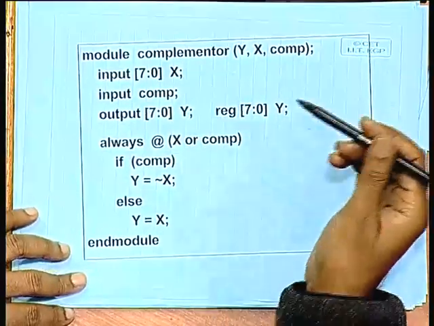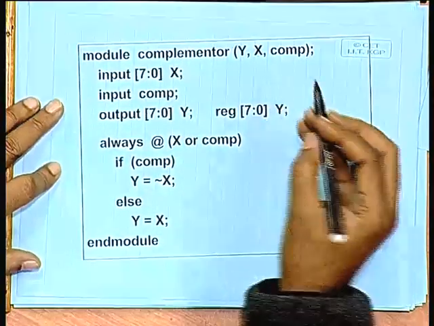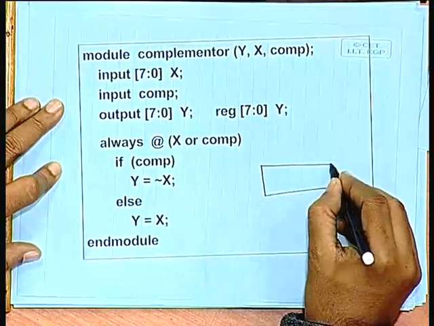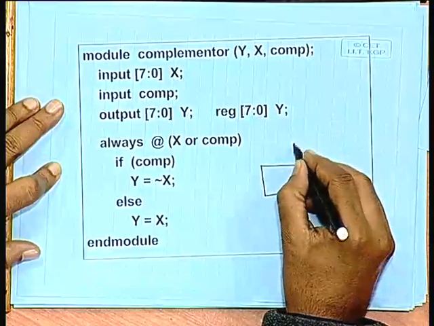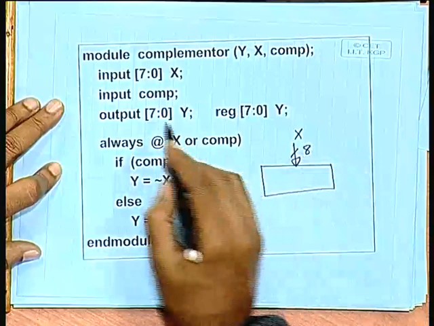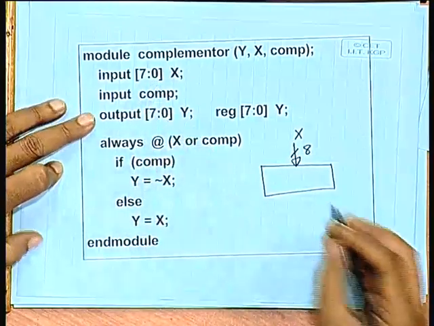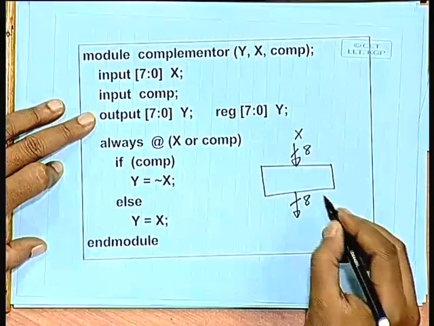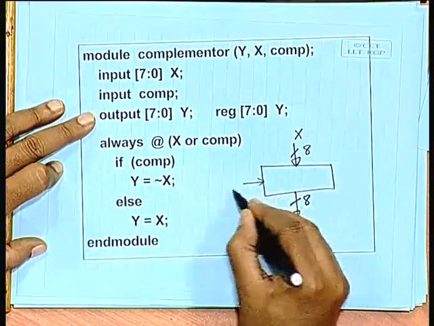In this design, we are assuming that all the operands are 8-bit quantities. So, the complementer, as specified in this module, has input x as an 8-bit vector, [7:0], output y is also an 8-bit quantity, and there is a control signal called comp.